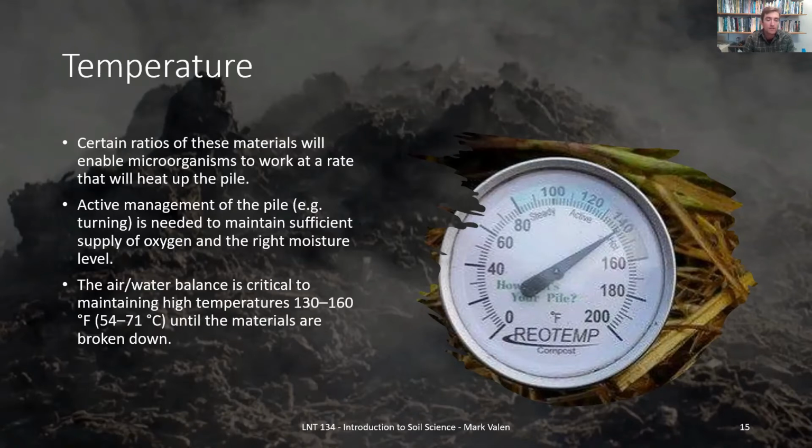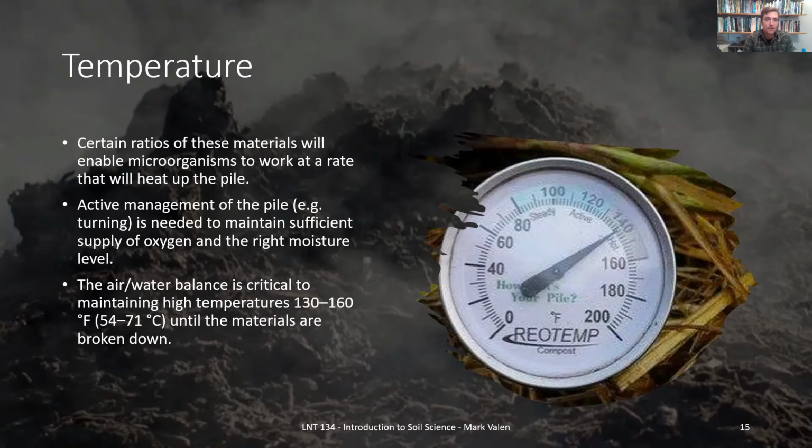The air-water balance is critical to maintaining high temperatures between 130 and 160 degrees Fahrenheit until the materials are broken down. So if you are engaged in active composting, that means you're turning and adding water in order to keep the temperatures high. And high temperatures equal quick compost.